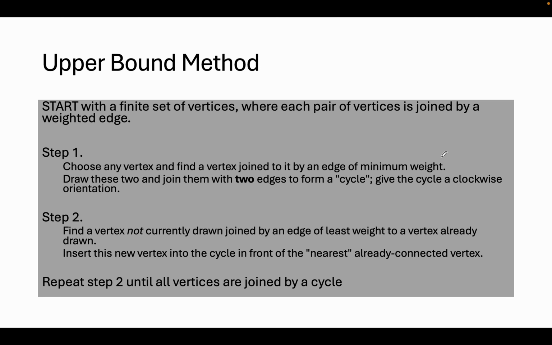This is the algorithm for that. We start with our weighted graph, choose any vertex, and find a vertex joined to it by minimum weight. Then we draw these two and join them with two edges to form a cycle.